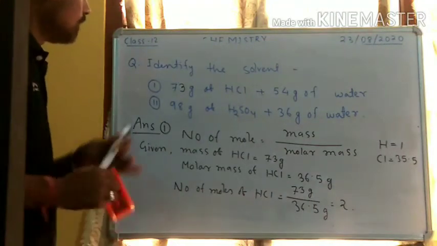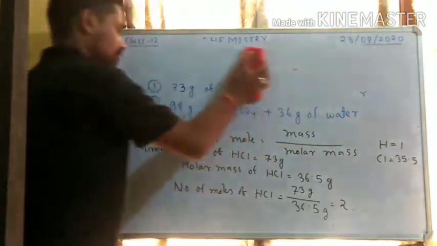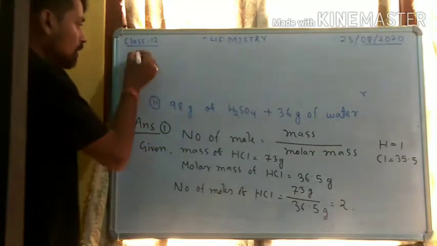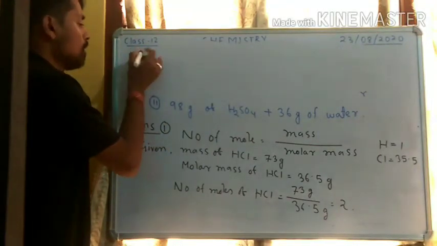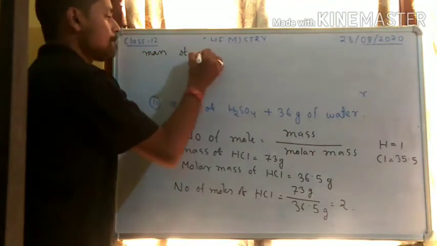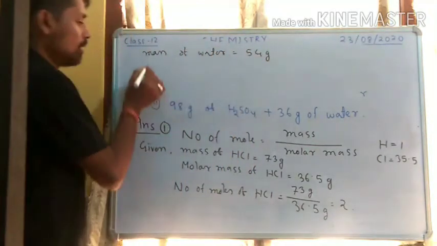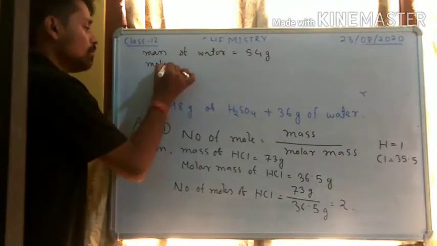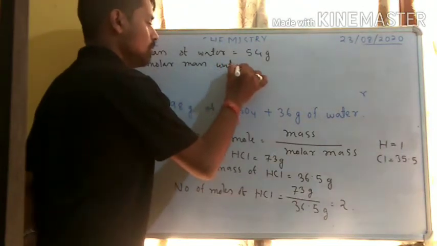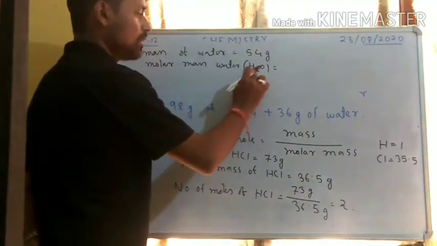Now let us identify the number of moles of water. In this first question, the given mass of water is 54 gram and molar mass of water H2O is 2 plus 16, 18.